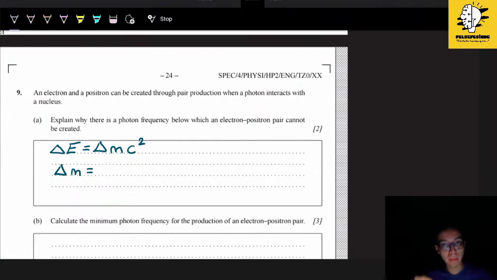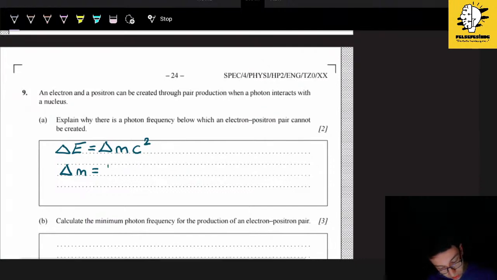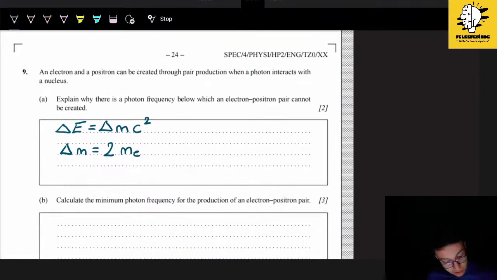Both have the same mass of an electron, right? So wouldn't it be 2 mass of an electron? From 0 to 2 electron masses, right? 2 m_e. Now, can we not say the energy of a photon is equal to h times f, right?